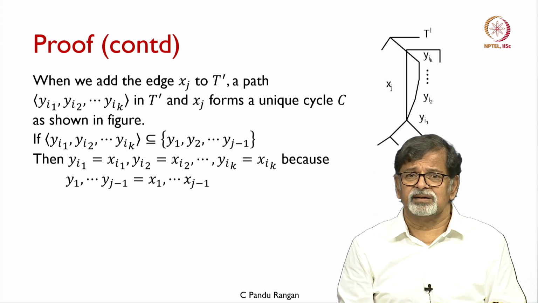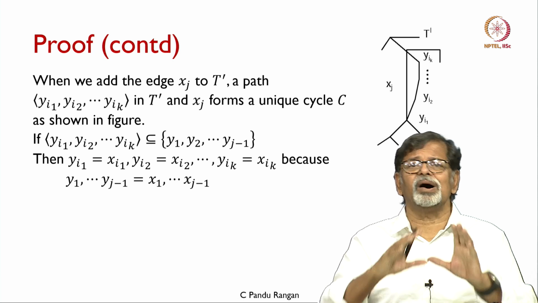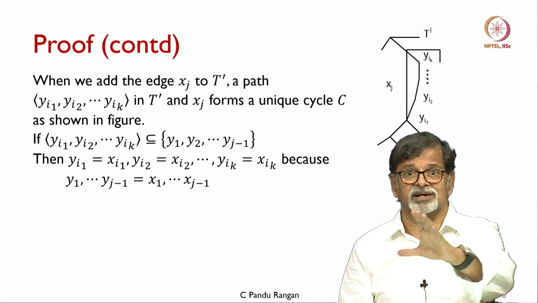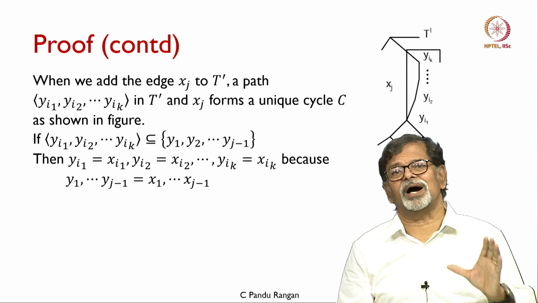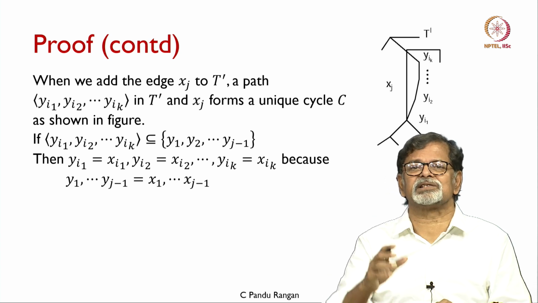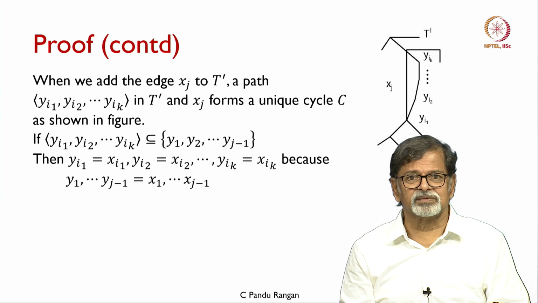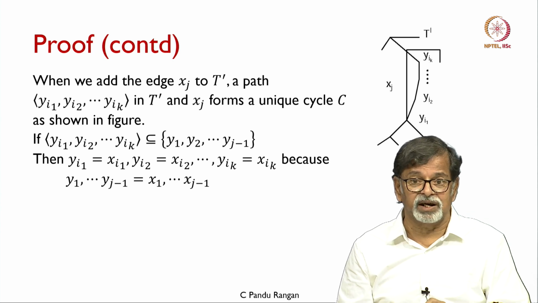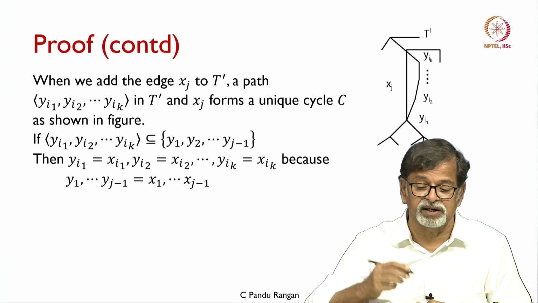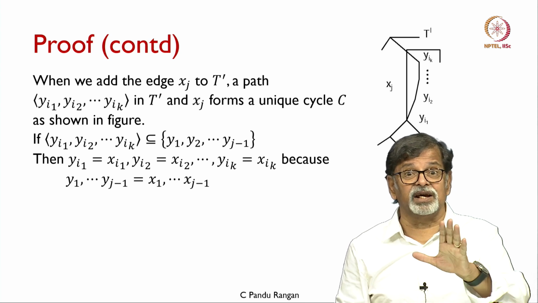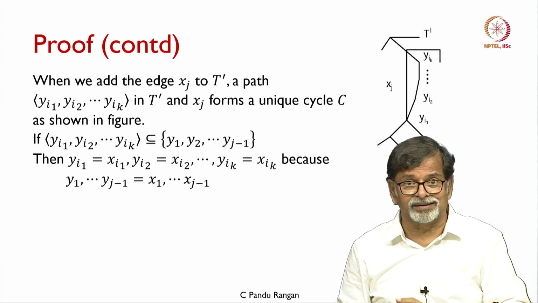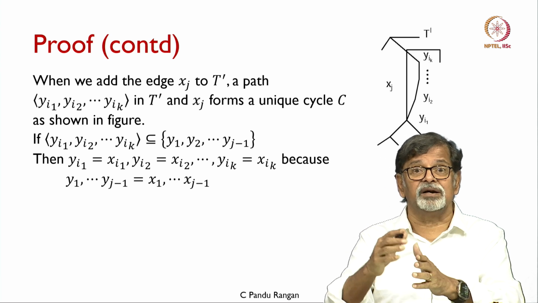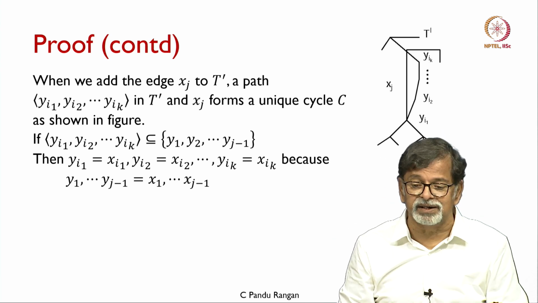Recall our discussion earlier. You have a spanning tree, you add a non-tree edge, and when you add a non-tree edge, a unique cycle is formed. We know that xj is not equal to yj, so this is the tree T dash. xj is not in the tree. Since xj is not in the tree, when you add it, a unique cycle is formed in T dash.